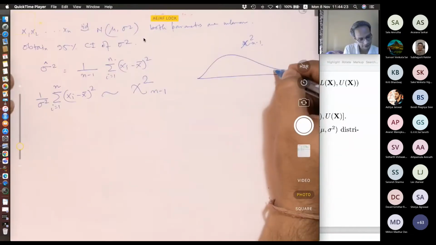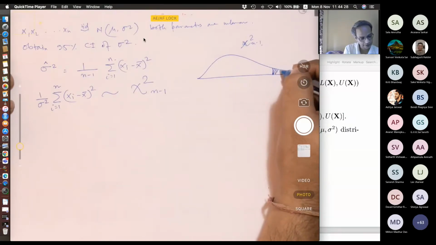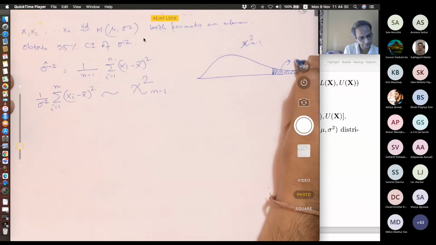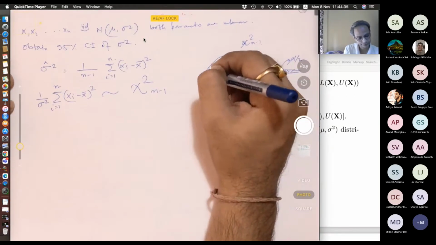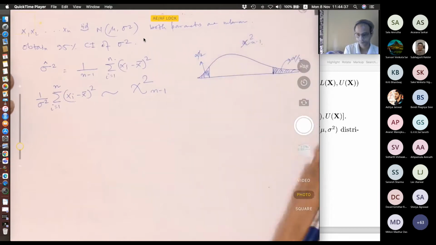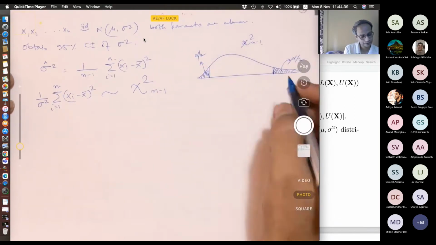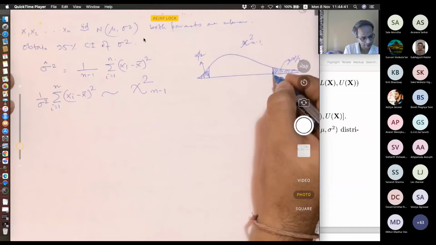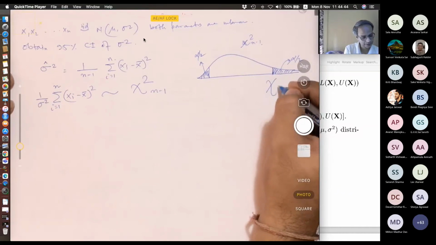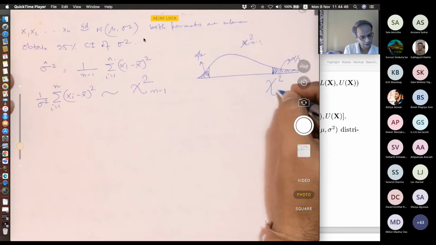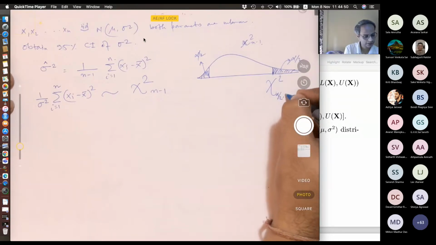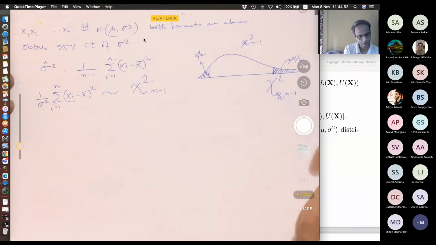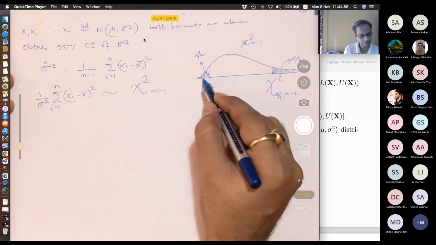Here again, we are trying to truncate in this way that this region is alpha by 2 and this region is also alpha by 2. Now if I call this point chi-square alpha by 2, n minus 1, then what will be the corresponding notation for this point?